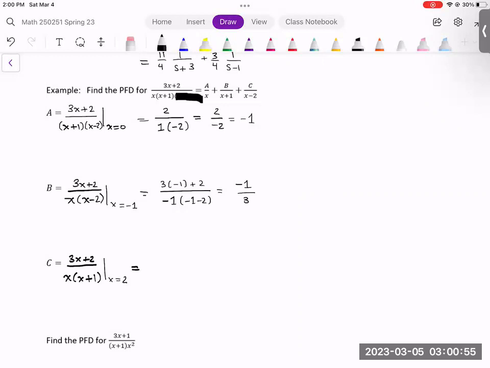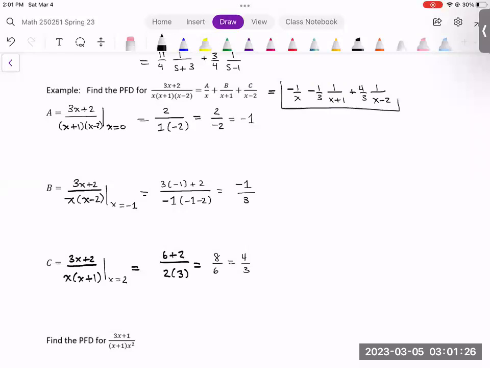So this gives us 6 plus 2 over 2 times 3, or 8/6, or 4/3. Okay. And so putting everything together, we have -1 over x minus 1/3 times 1 over x plus 1 plus 4/3 times 1 over x minus 2. All right, great.